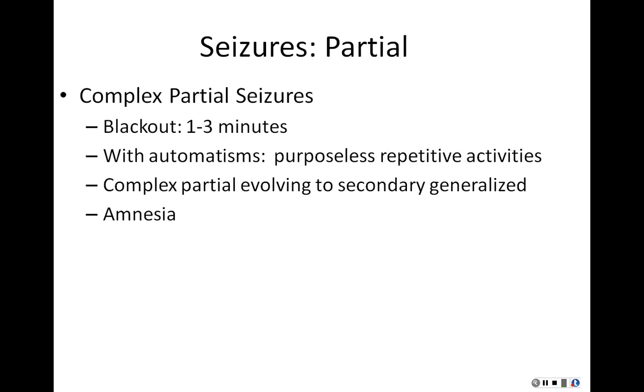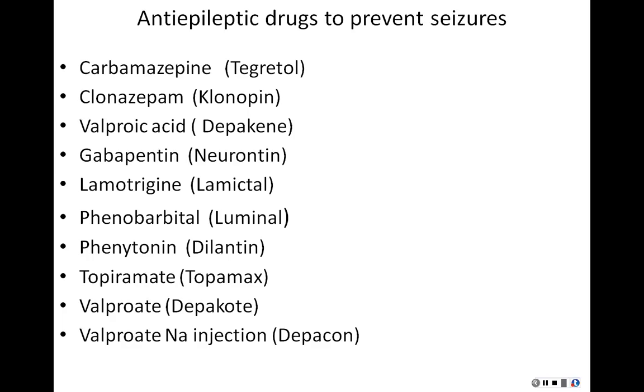Okay. We're moving along rather rapidly. These are some of the anti-epileptic meds, and you'll notice, oh my goodness, there's some you already know. So I don't think you have to do a lot of scratching and looking around, because you have an idea about these. Tegretol, Klonopin, Depakene, Neurontin, Lamictal, Luminal, Dilantin, Topamax, Depakote, and Depacon.